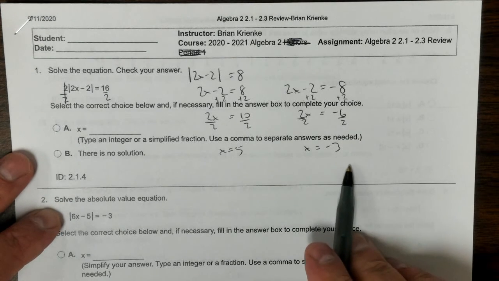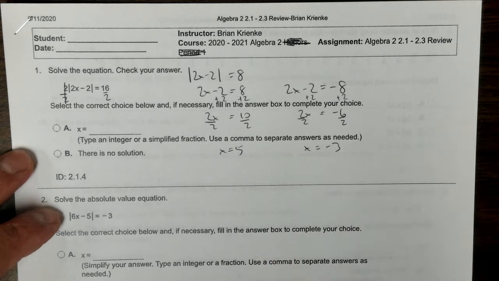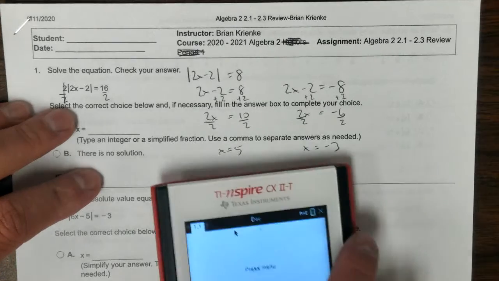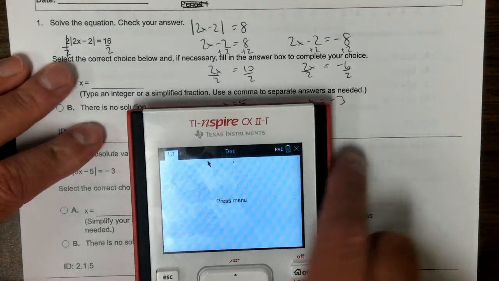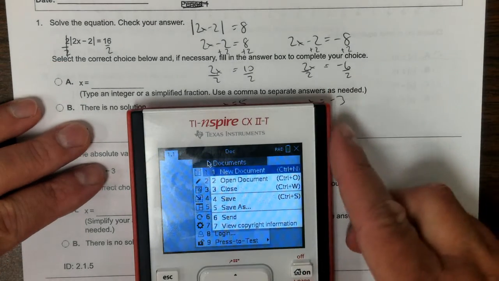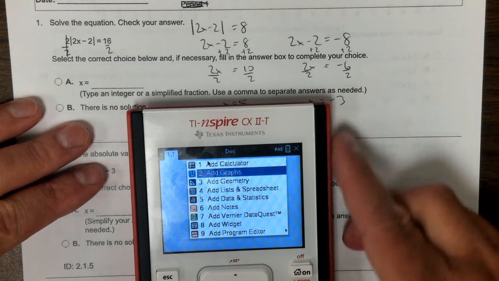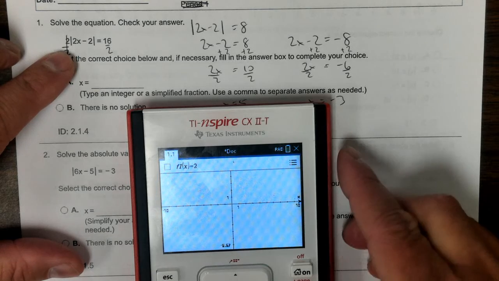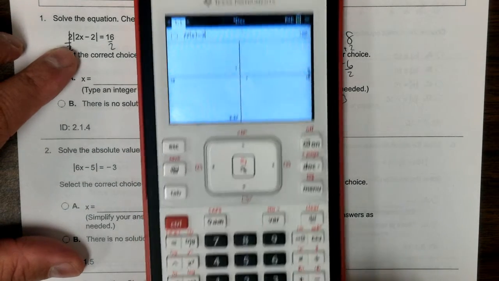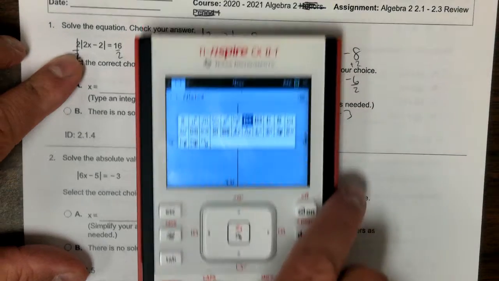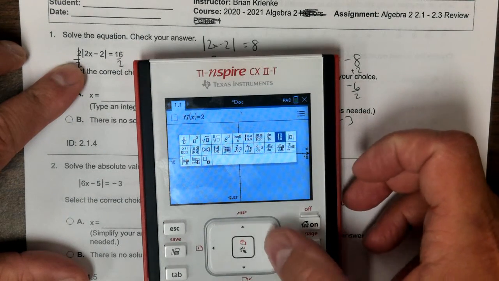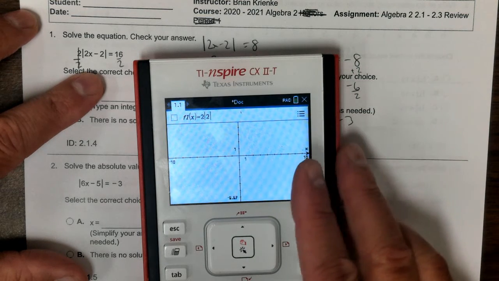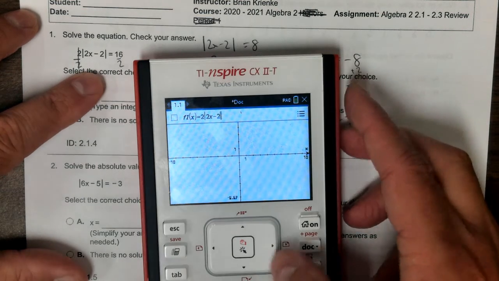So what I'm going to do now is check those answers through the calculator, just to give another method. So if I go over to add graph, and then I put my original equation in, 2, then I press the button to the right of the 9, which is this one, and then go over to the absolute value. 2 absolute value, 2x minus 2.